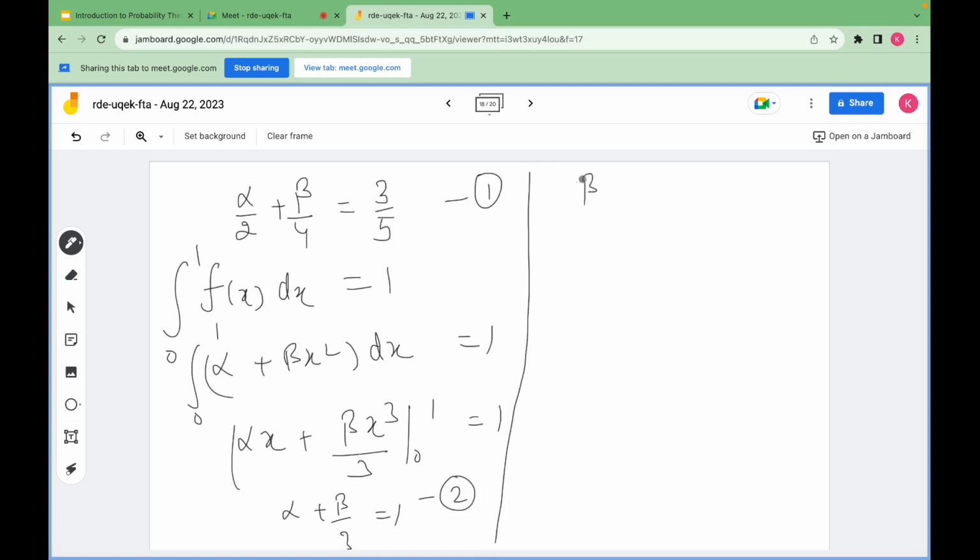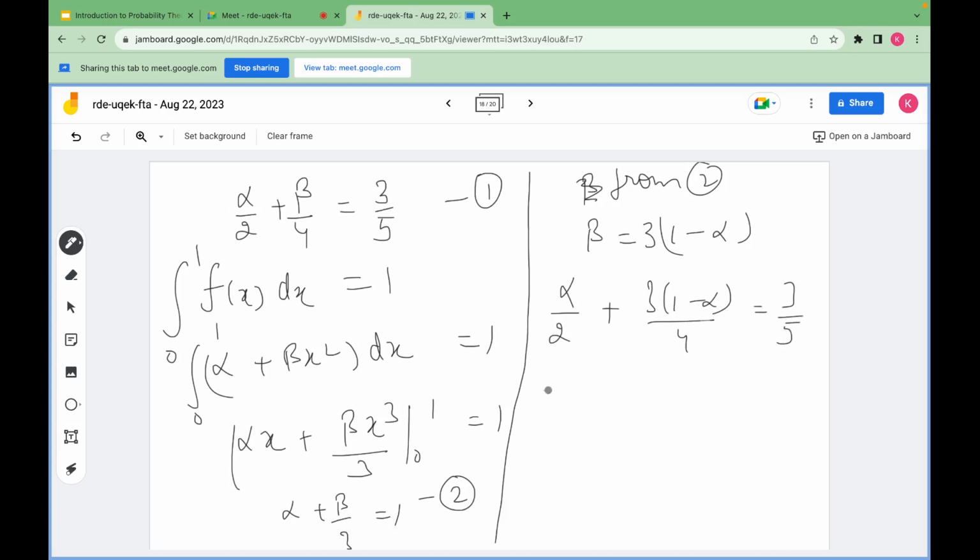So we can write from equation 2 that beta is equal to 3 into 1 minus alpha, and put it into the first equation, where alpha by 2 plus 3 into 1 minus alpha by 4 equals 3 by 5. From here we will get that alpha is equal to 3 by 5 and beta is equal to 6 by 5.